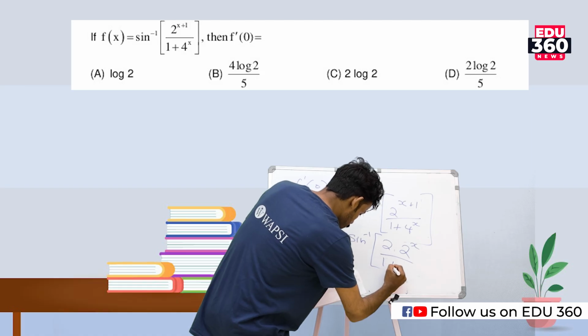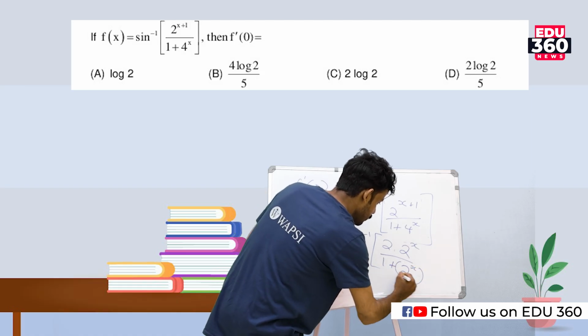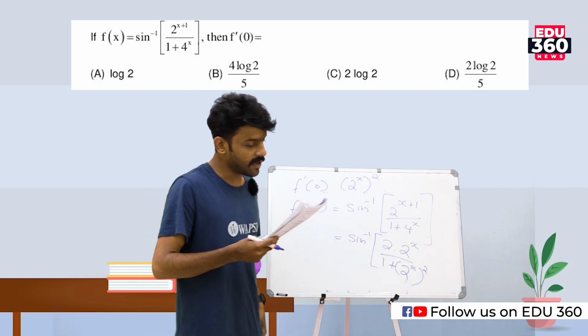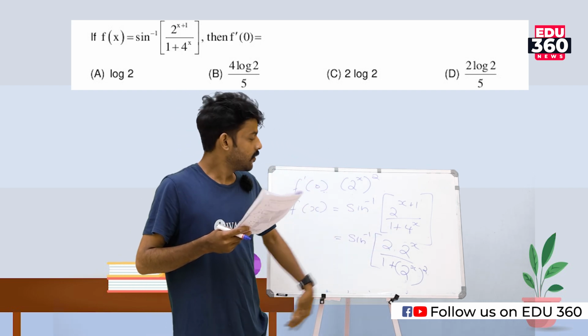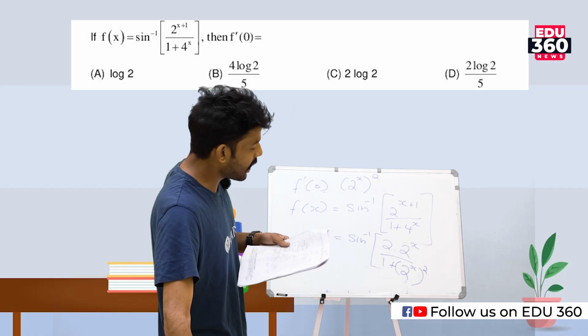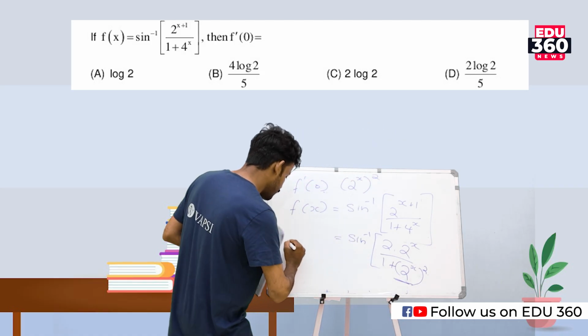So 1 plus (2 raised to x) the whole square.